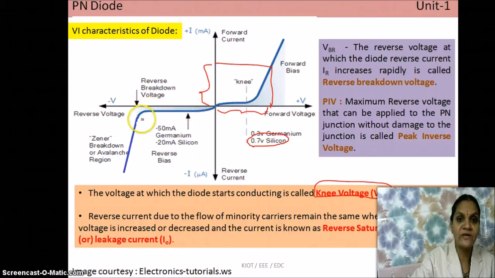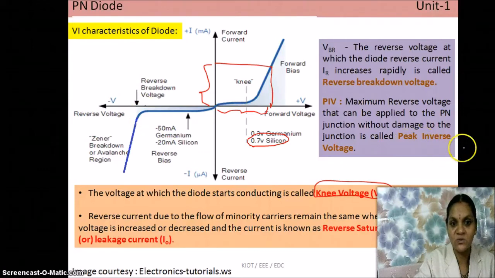So how long can we increase the reverse voltage? What happens when we increase the reverse voltage? The depletion region keeps increasing, but how long will it keep increasing? There is some limit, no? So while increasing the reverse voltage, a particular point is reached, called the peak inverse voltage.